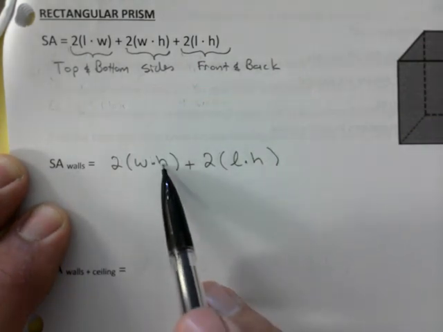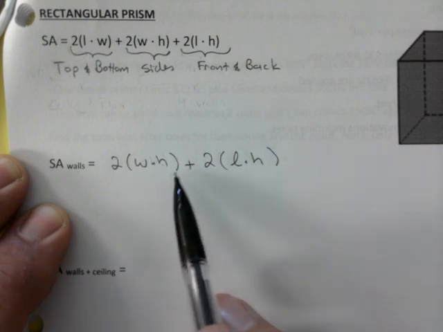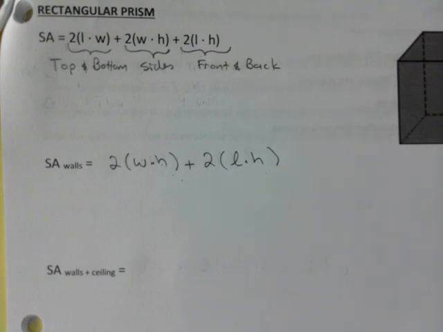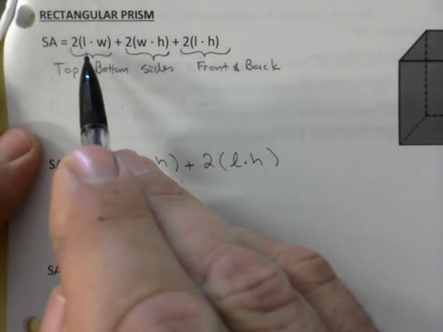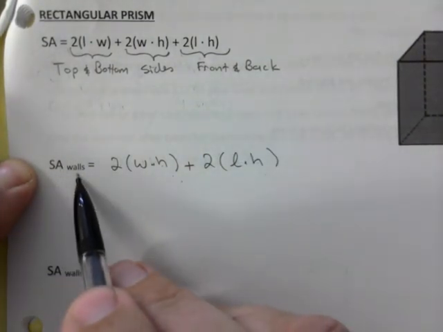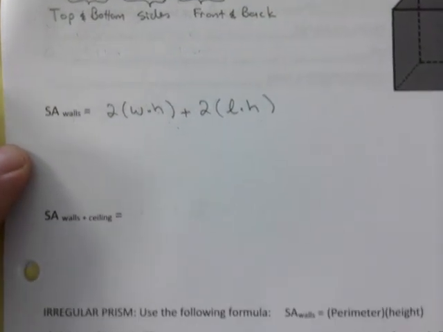Remember this, it's the brackets that involve the height. Because the walls would all have a height associated with them, you don't want to include the length and width. So that'd be the surface area of the walls only.